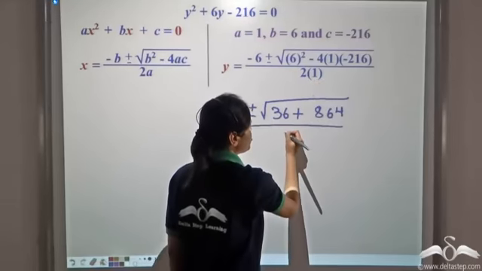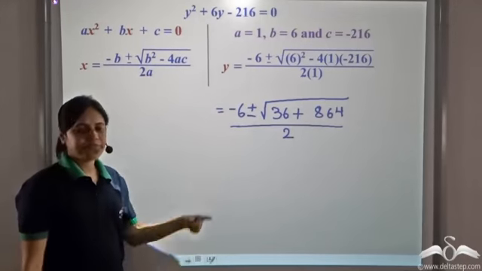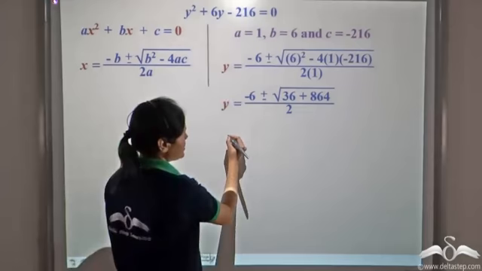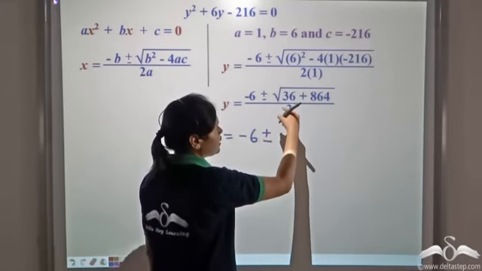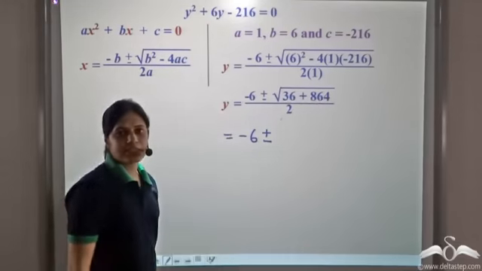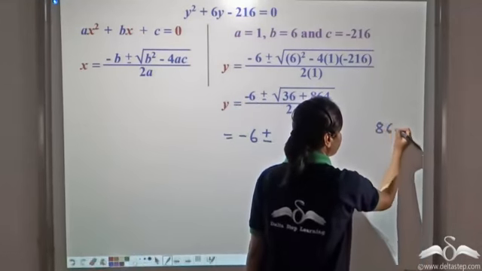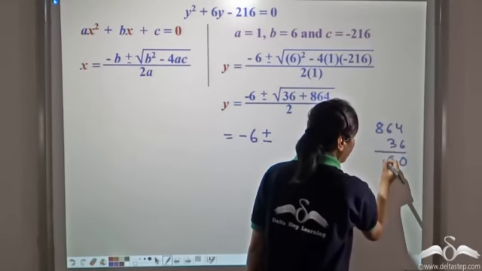And 2 into 1 is 2. This is what we have. This gives us negative 6 plus minus root over 36 plus 864. 36 plus 864 will give us 900.